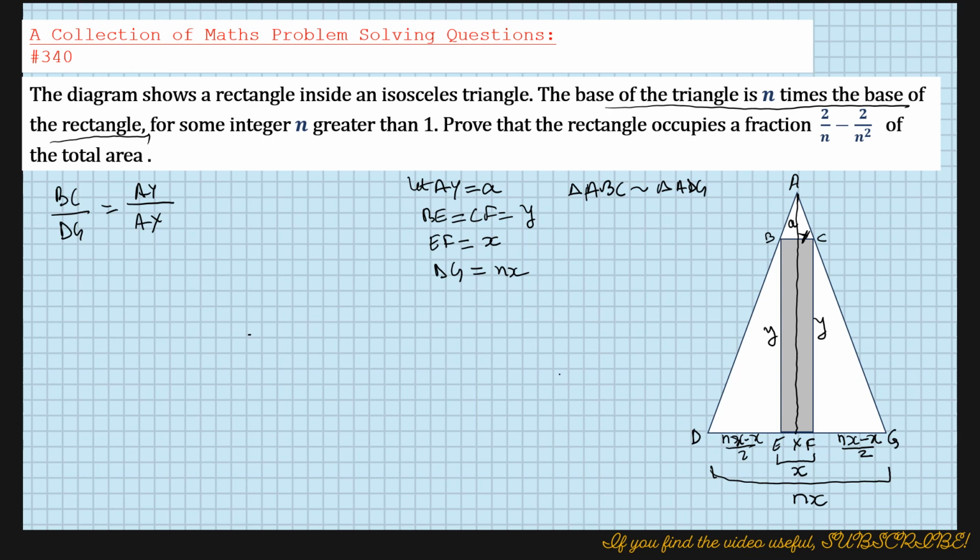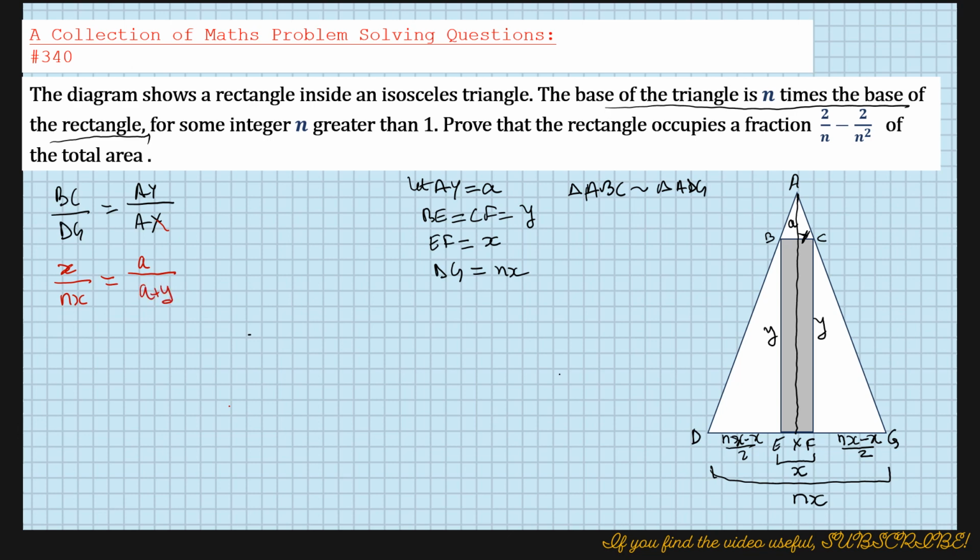BC is x, because BC equals EF, which is the small x. So x out of DG, where DG is nx, equals a out of AX, and AX would be a plus y.